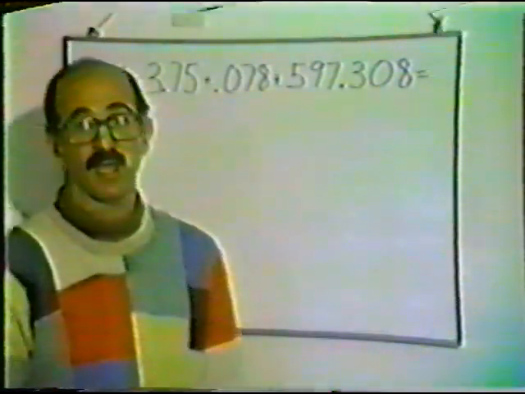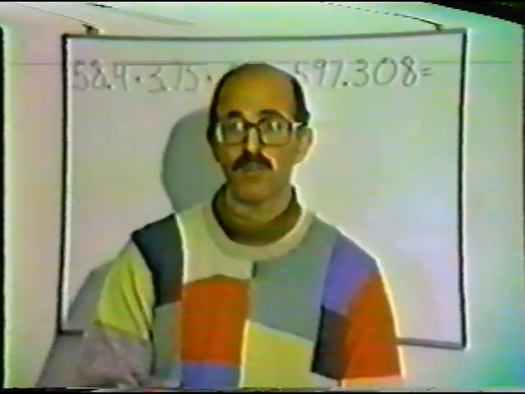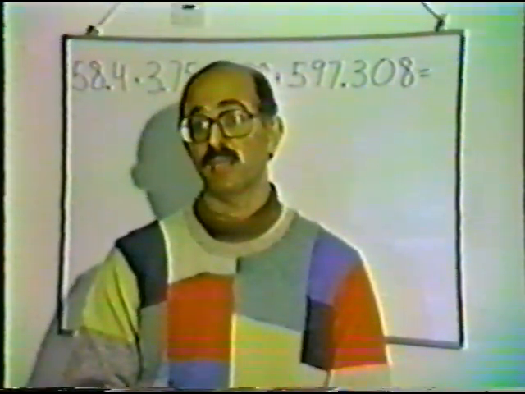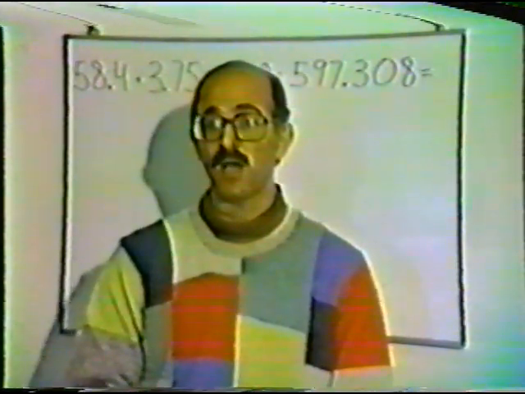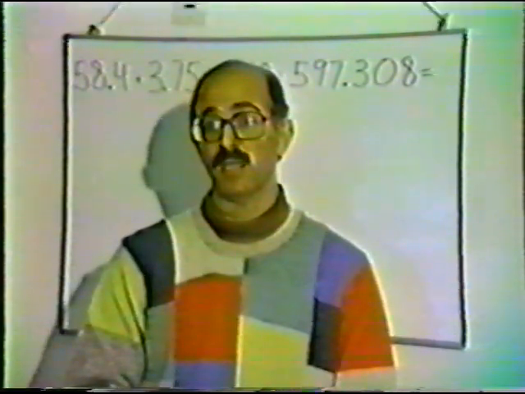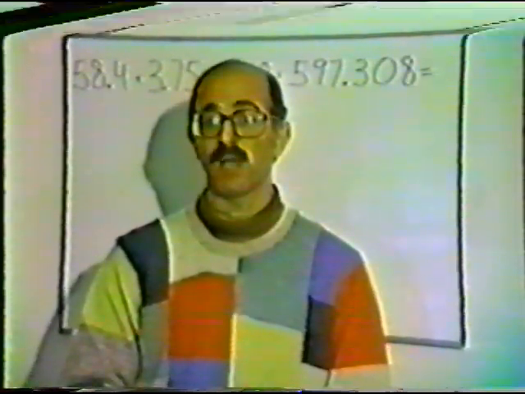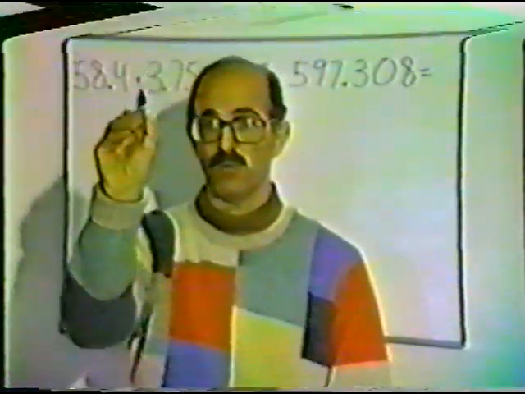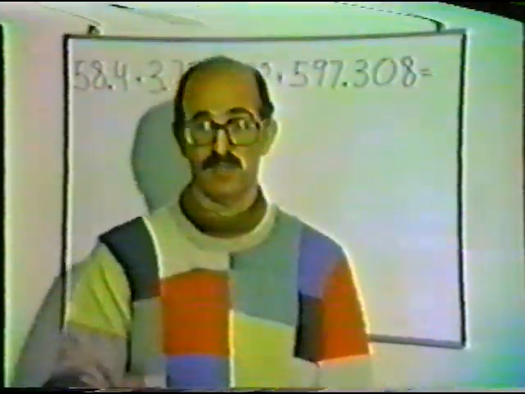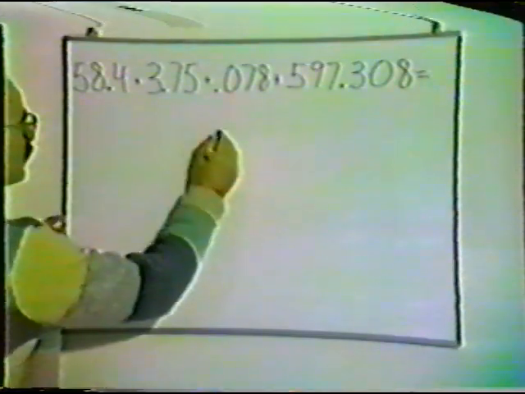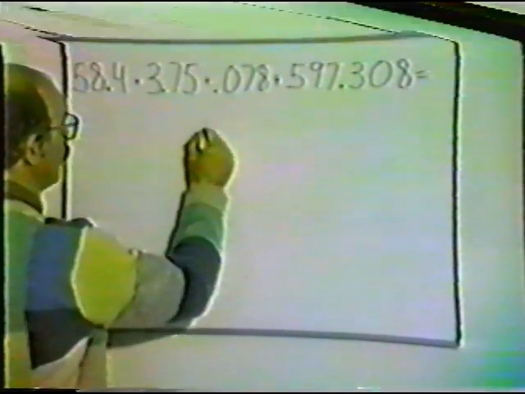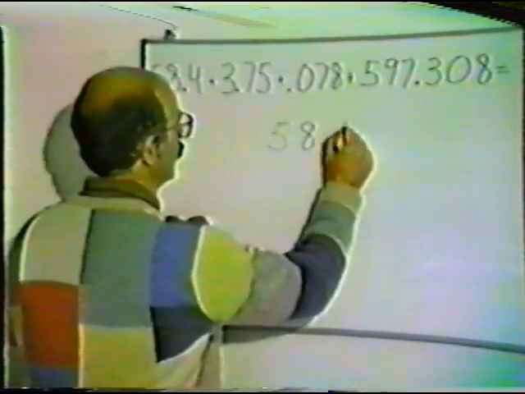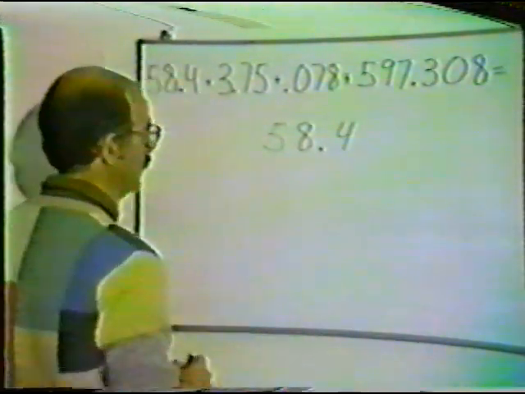And when we add decimals, the important thing is to line up the numbers so that each is in the right column and the right place. And we do that by making sure that the decimal points are in a line, one on top of the other. First we have 58 and 4 tenths.